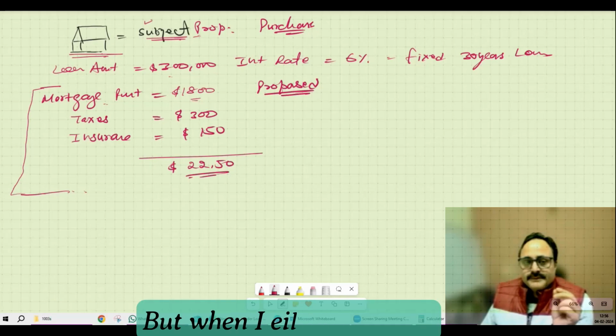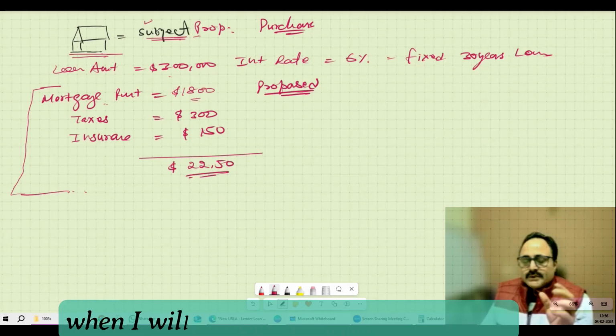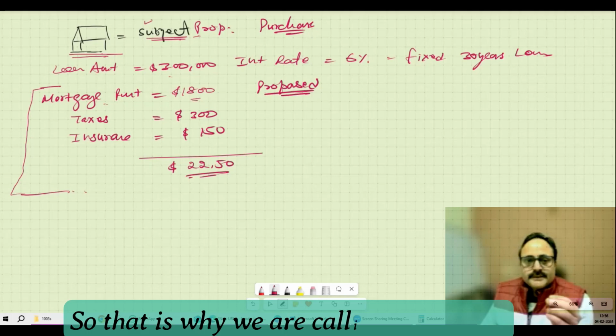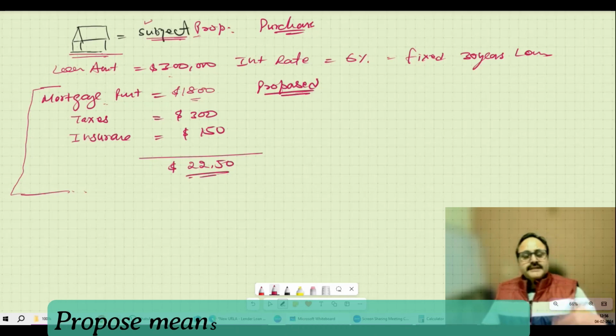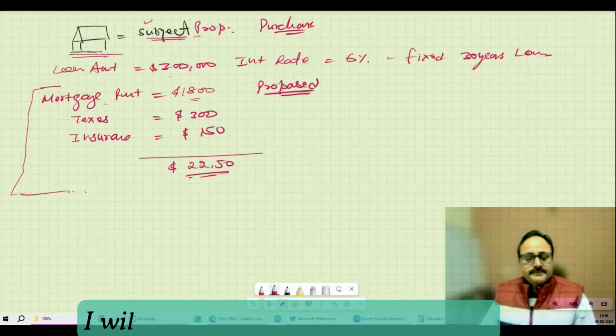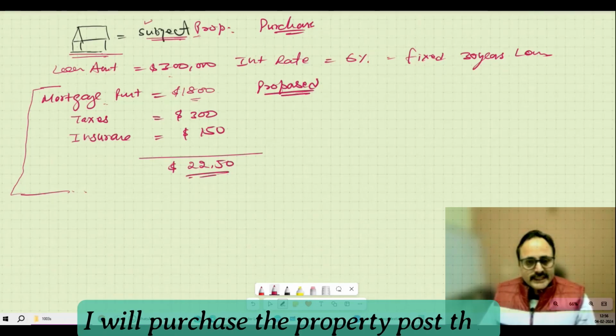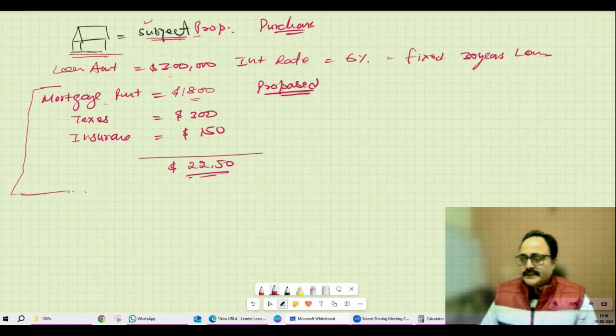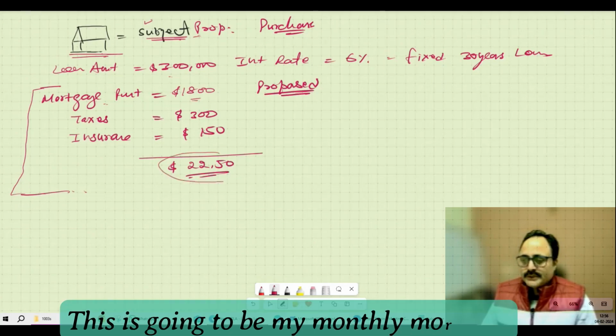I will be paying it once this loan closes. That is why we call it proposed: in the future, once the loan is closed, I will get the money and purchase the property. After that, from my first installment until the last, this is going to be my monthly mortgage payment.